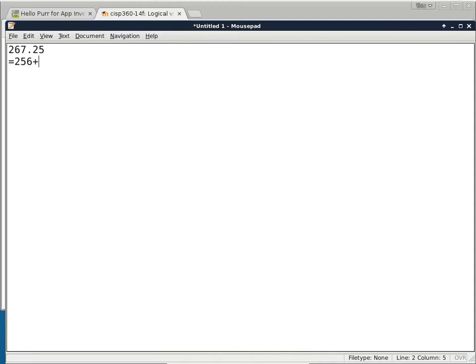And once we take care of 256, what is the remaining amount? $11.25. Okay, so now we want to take care of the 11 something. What is the largest power of 2 that is less than or equal to 11.25? 8. Okay, 8 is good. And then we have 3.25 left.